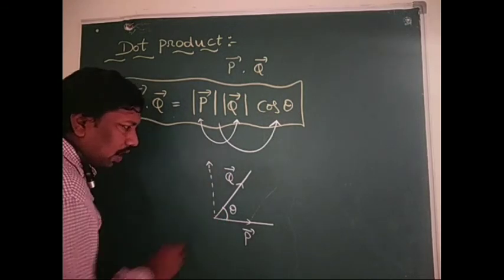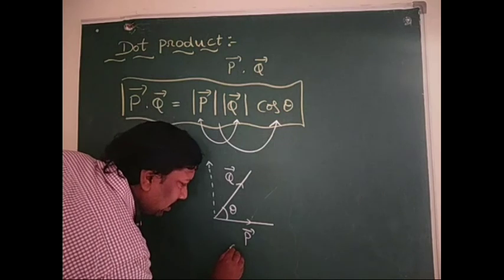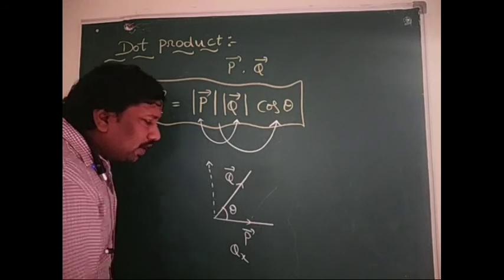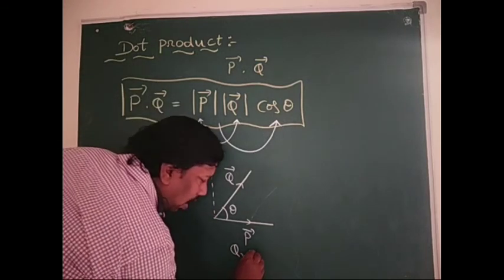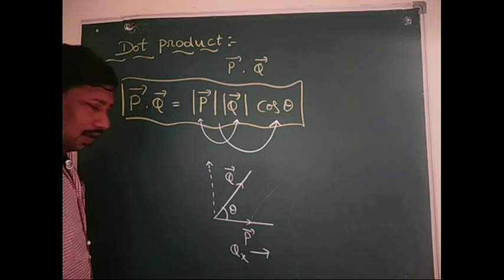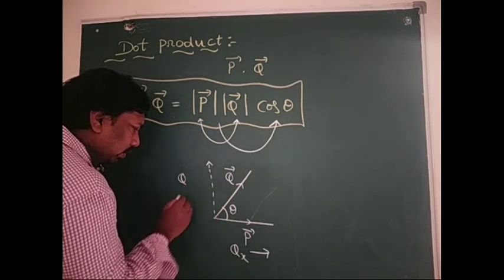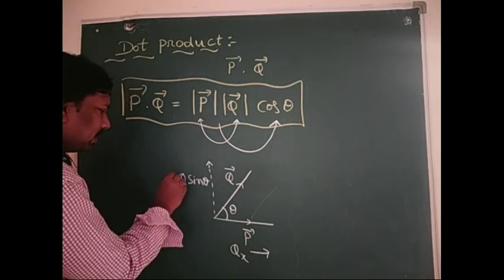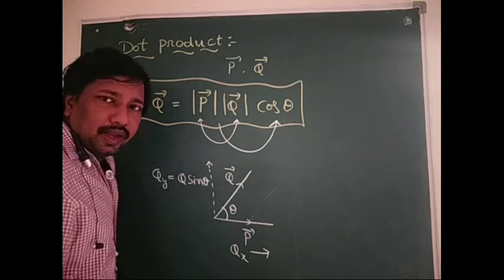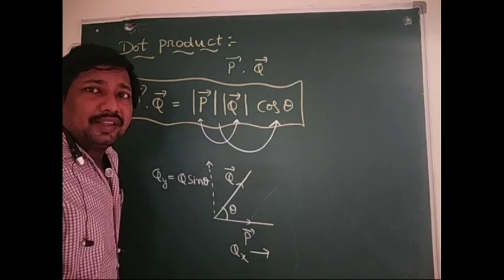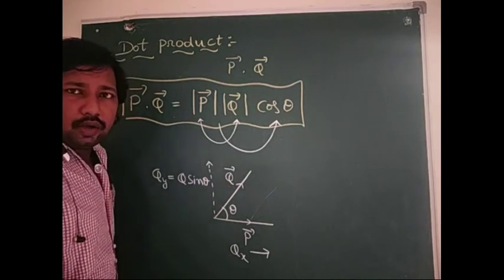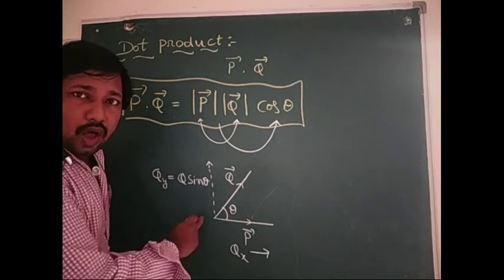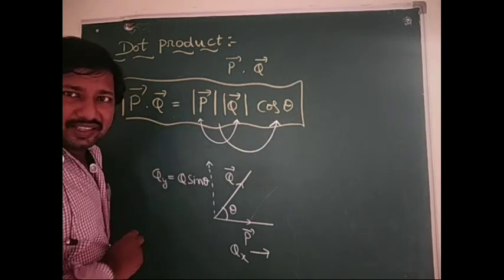One component is q cos theta, qx, the horizontal component of q bar along the direction of p bar, and another is q sin theta, qy, the vertical component of q bar along the direction of the y-axis.